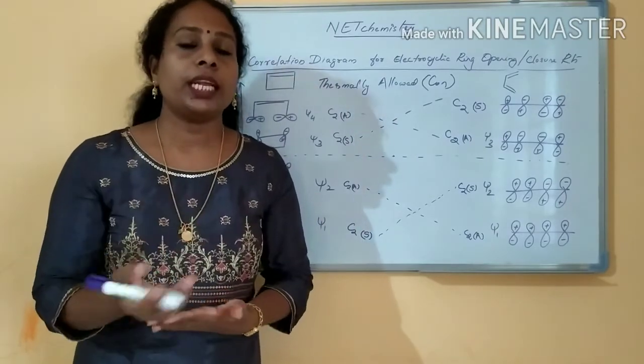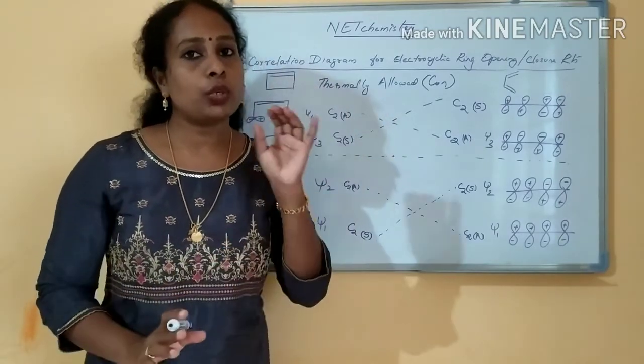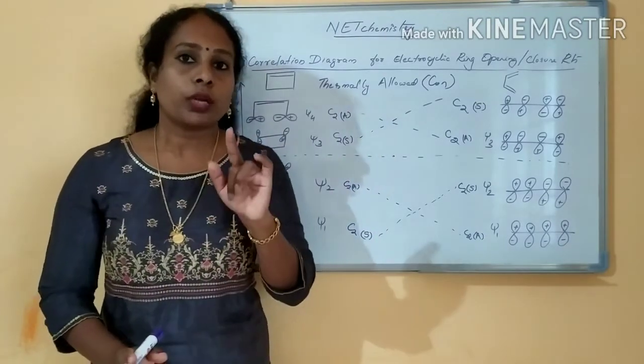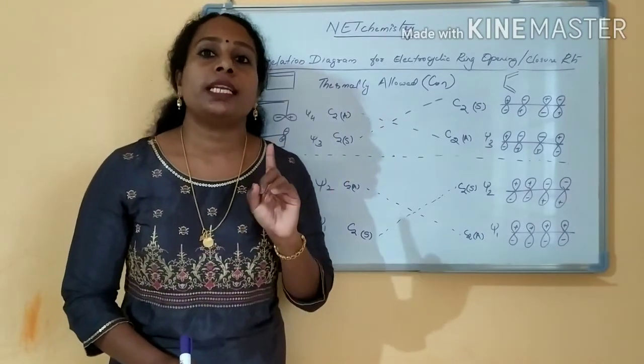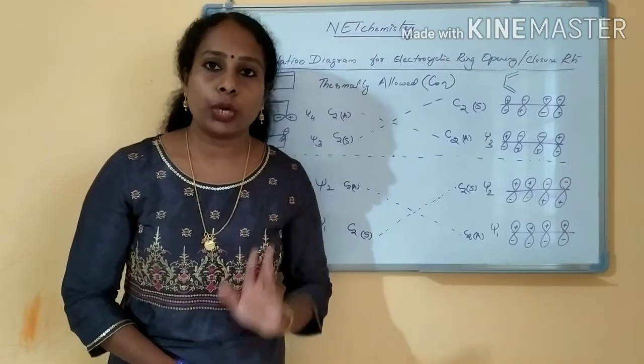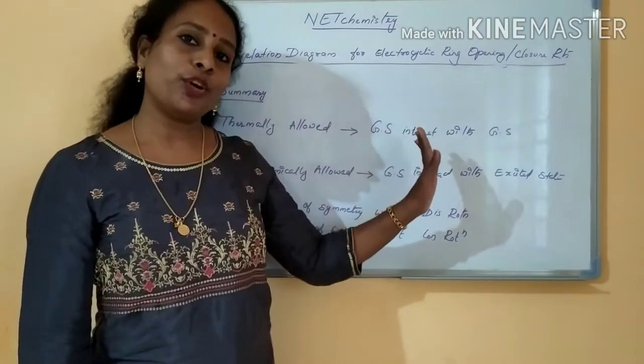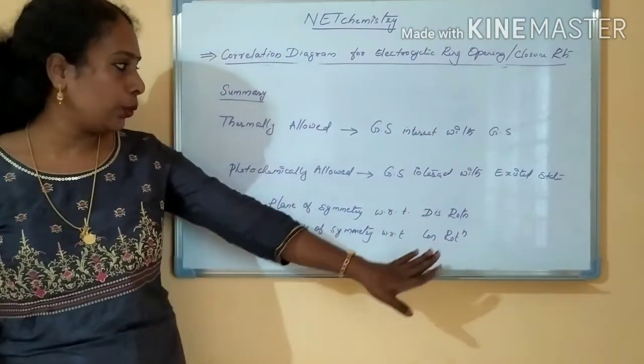And one more thing, the correlation method is based on symmetry aspects of the molecule. If it is a mirror plane symmetry, that is the disrotatory mode, and the C2 axis of symmetry is the conrotatory mode. This is the summary of the topic I have taught you today.